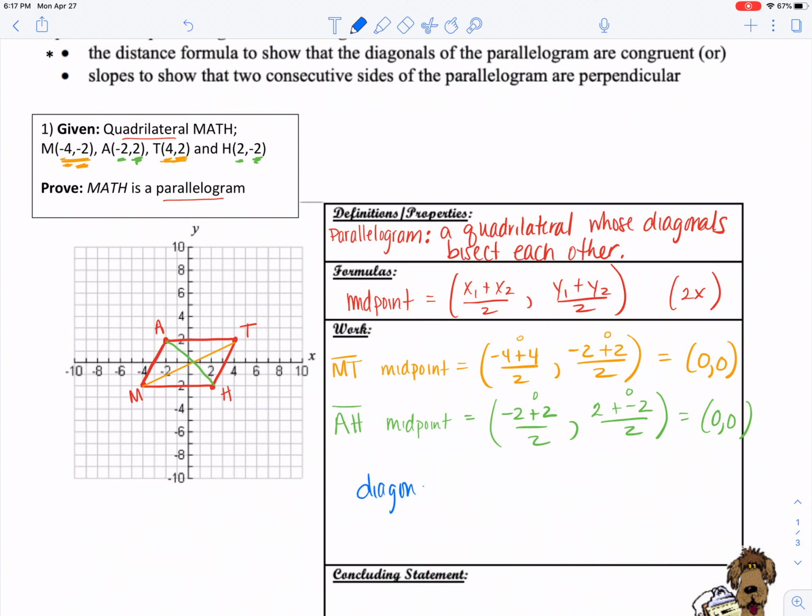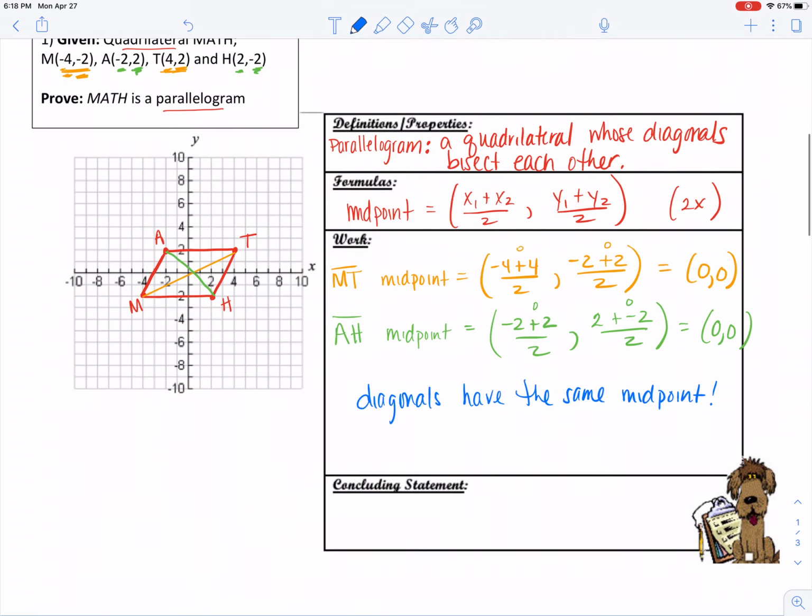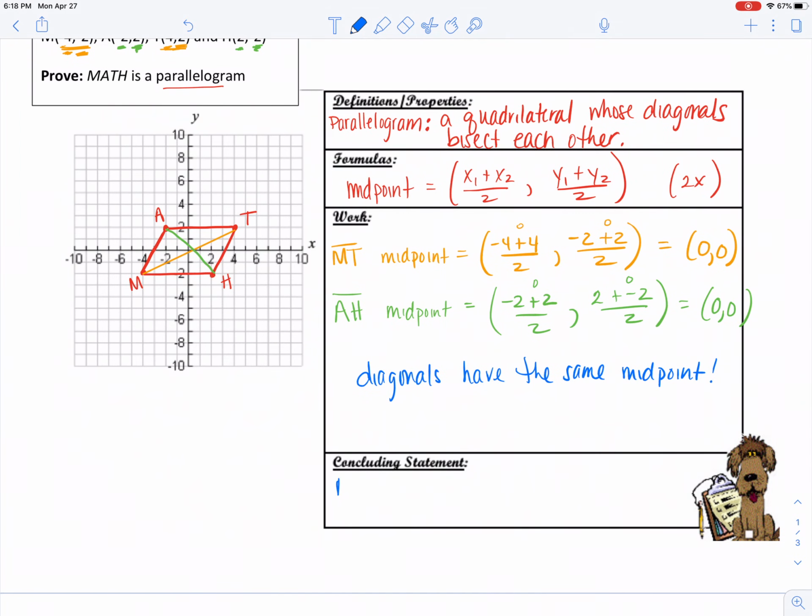Diagonals have the same midpoint. That's what we just showed. Now we could say MATH is a parallelogram because diagonals bisect each other.